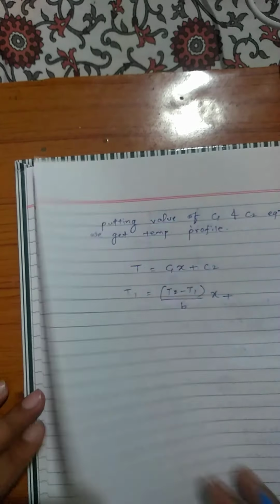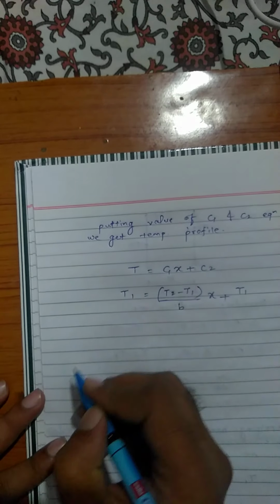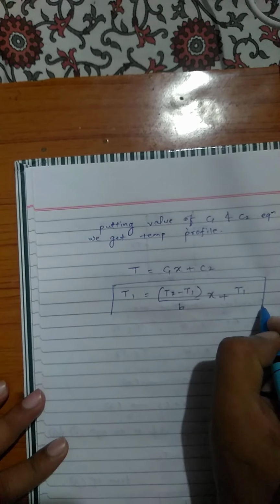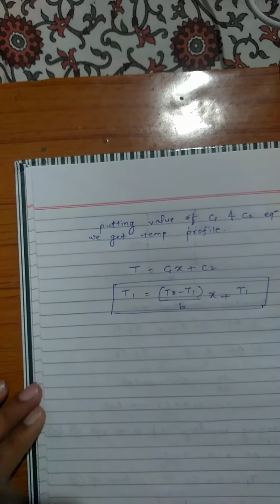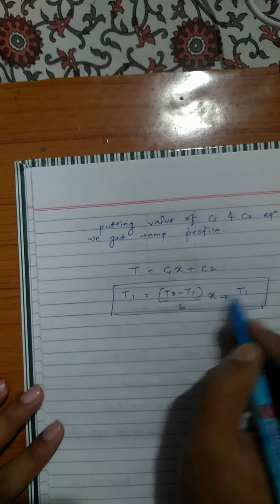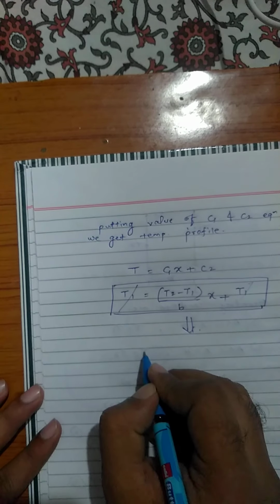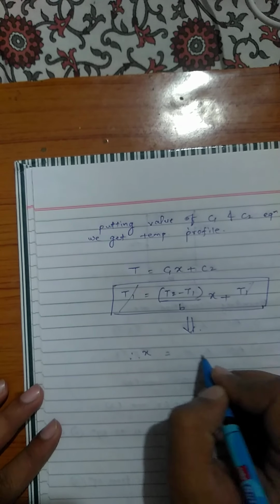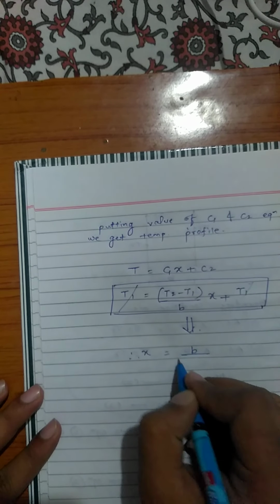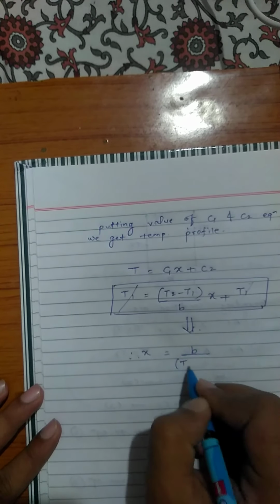Here C2 is nothing but your T1. So this represents your temperature profile. At this length you are going to have the temperature.